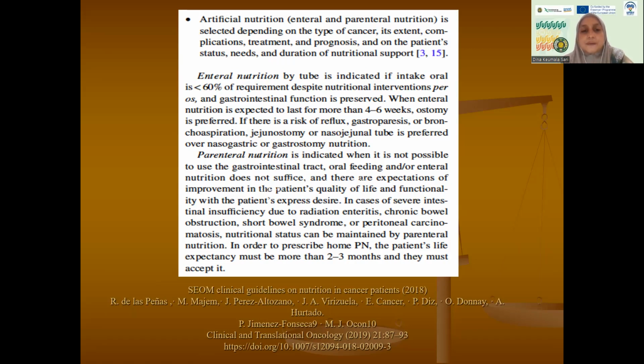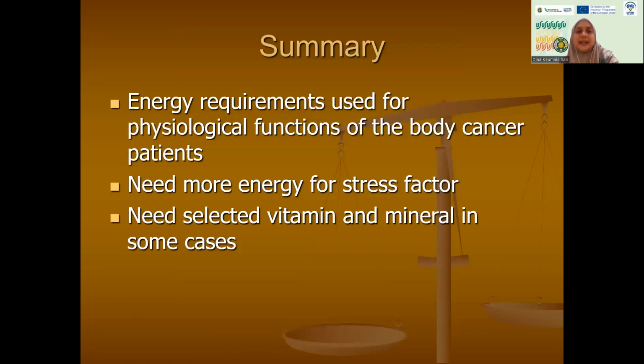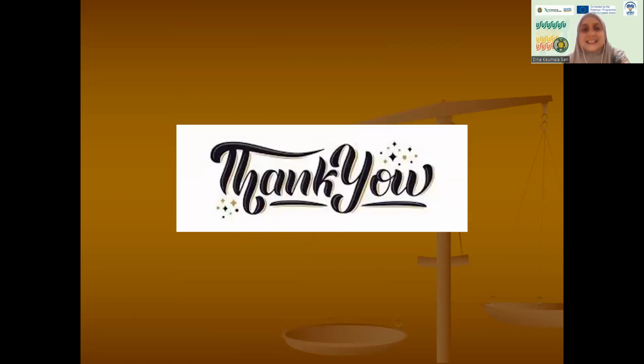So we have to know how to use this artificial nutrition. In summary, energy requirement is used for the physiological function of the body of the cancer patient, who needs more energy for the stress factor, and needs selected vitamins and minerals in some cases.